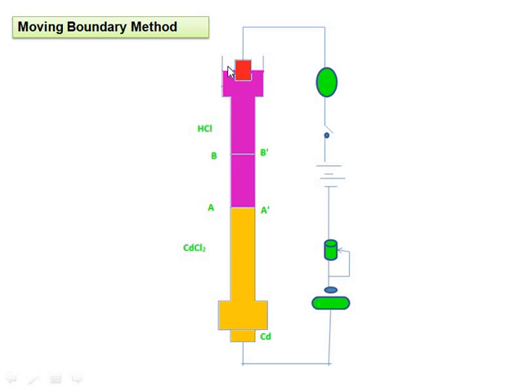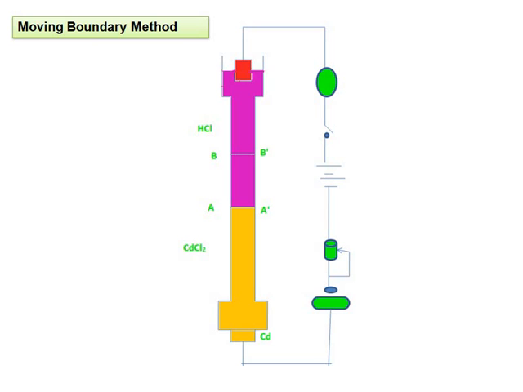A platinum cathode is fitted at the upper portion of the tube, and this tube forms part of a circuit containing a DC supply, an ammeter and a silver coulometer.